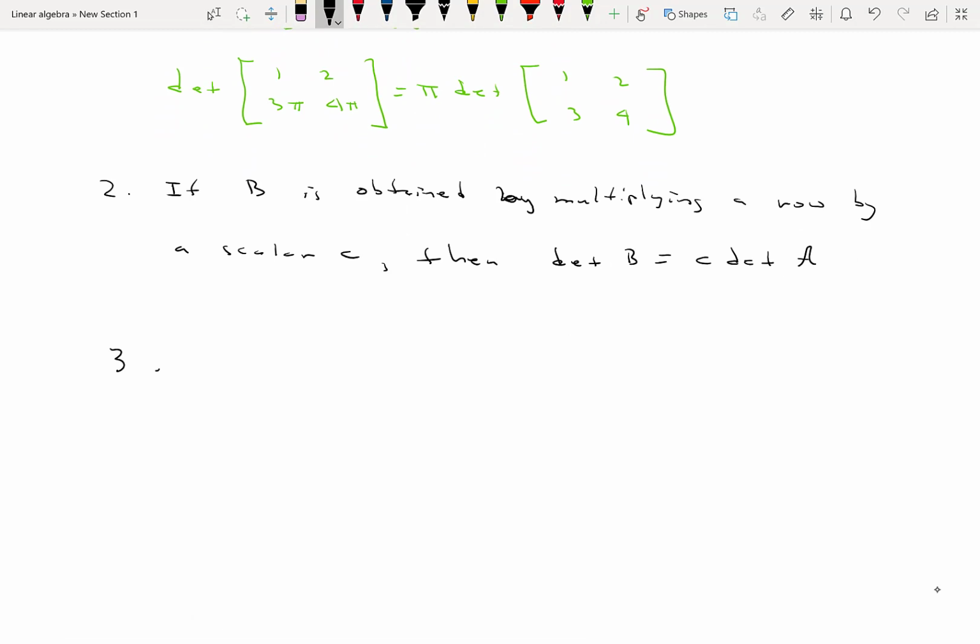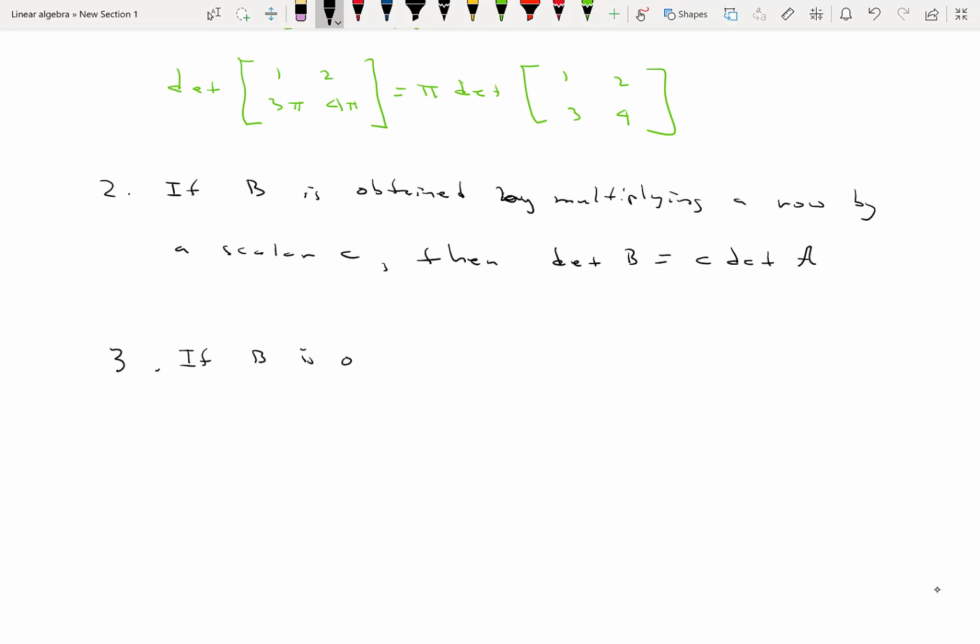The third property is a little dangerous, for a reason that's going to become apparent. What happens if you perform the third of the elementary row operations that we use in Gaussian elimination? Let me be much more specific.